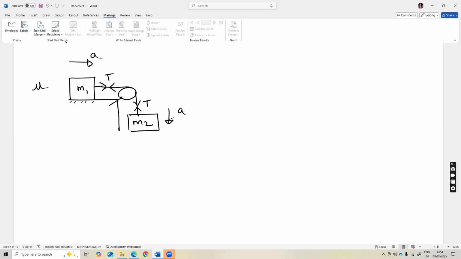Now if you see this as a whole system, the net force acting will be, first, M2 into G, the weight of M2 acting downwards. Then there is a force of friction opposing the motion of M1.